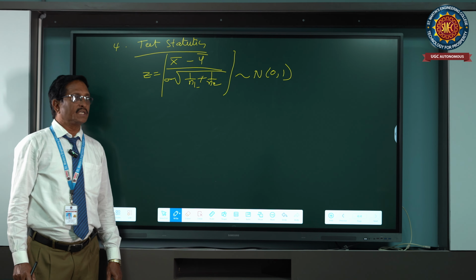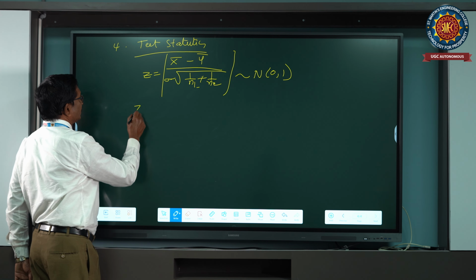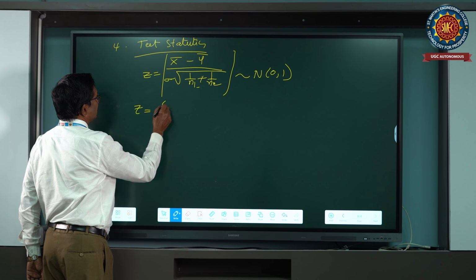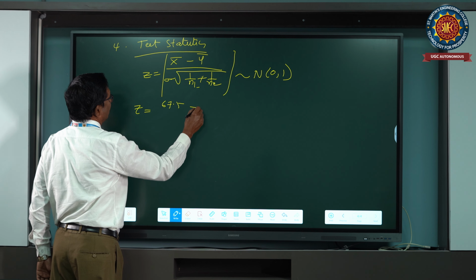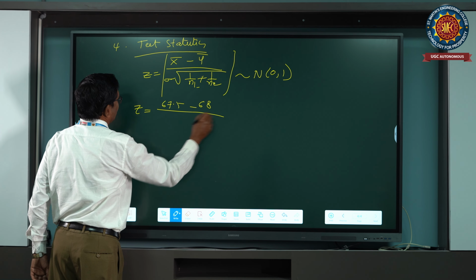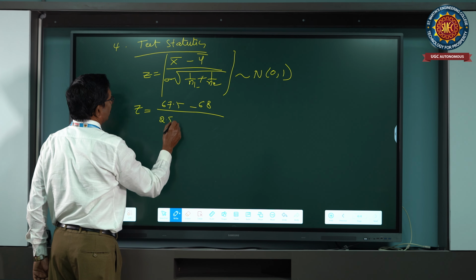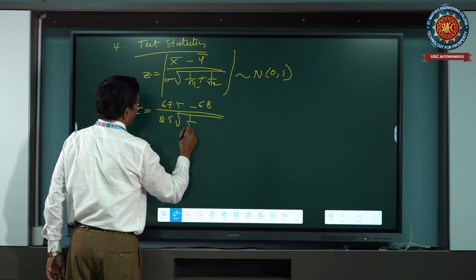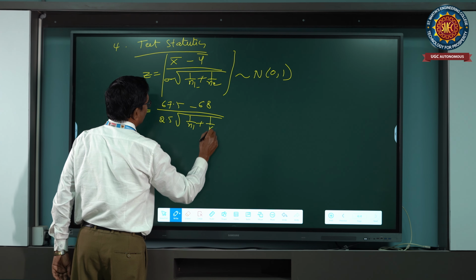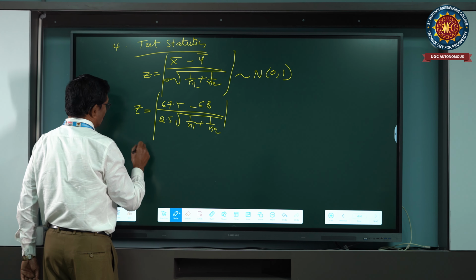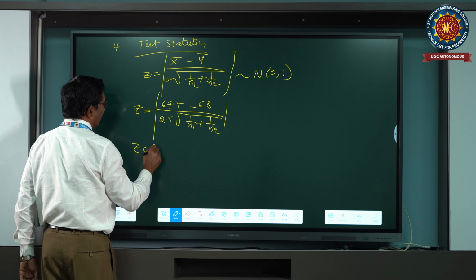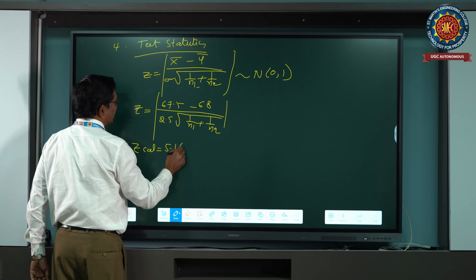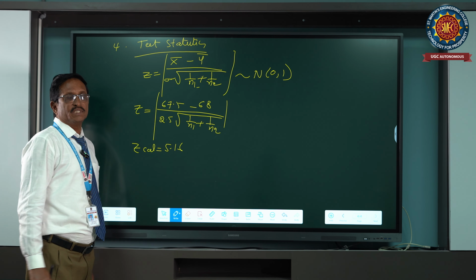According to the given data, Z is equal to x bar, which is 67.5, minus y bar, which is 68, by sigma 2.5 times root of 1 by n1 plus 1 by n2. The Z calculated value is approximately 5.16.